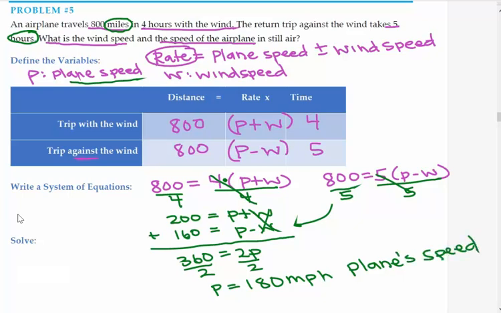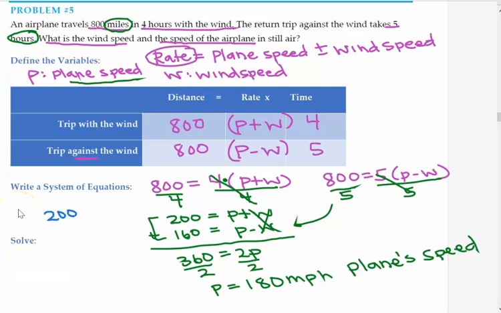All right, and now we need to find the wind speed. And again, I can just go back to one of my two equations there. I could go to one of these two. All right, so maybe I'll just use that top one. Let's see, I'm going to do it in a different color just to make sure. So I'm going to use that top one.